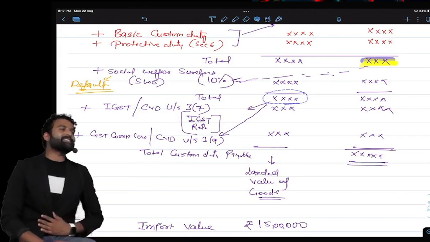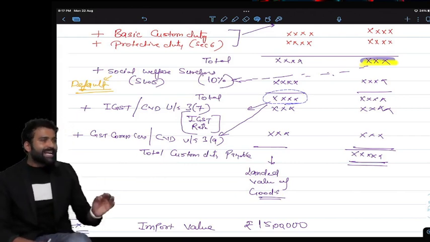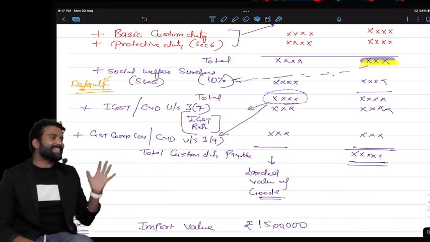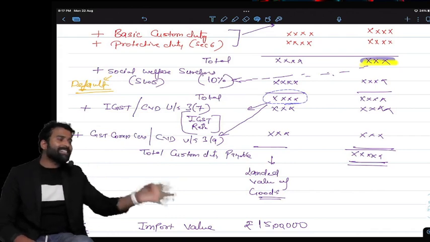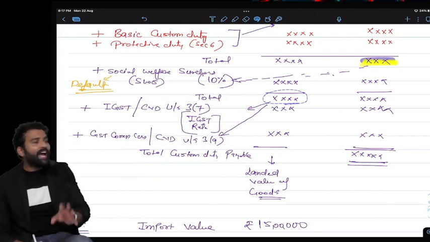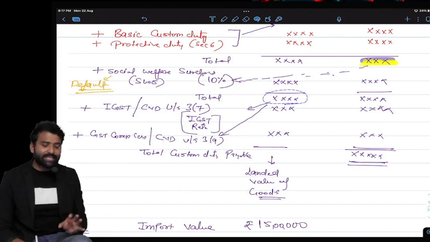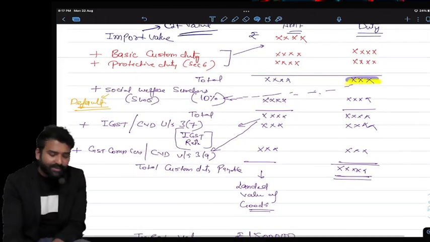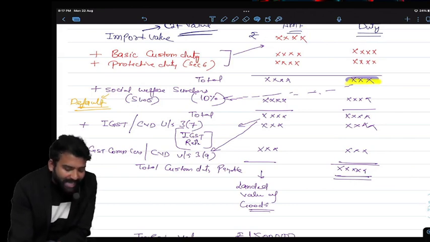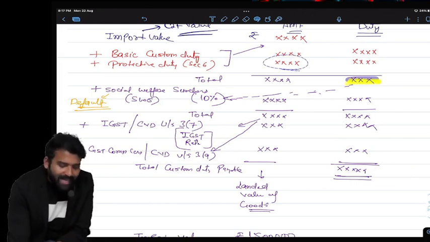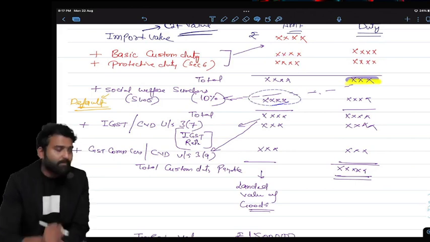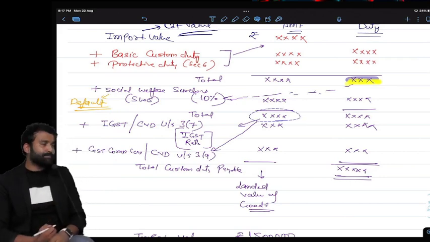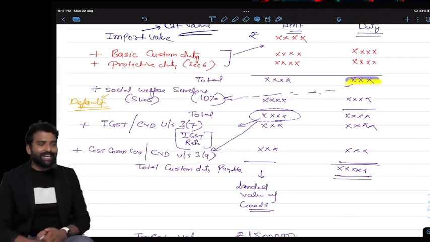Section 3 subsection 7 of the Customs Tariff Act says that countervailing duty will be levied on import equal to the IGST leviable in India. So whatever is the rate of IGST in India, I will be imposing CVD under section 3.7 at the IGST rate on what value, again repeating, CIF plus basic customs duty plus protective duty plus SWS. On the total of all these amounts, I will be adding CVD 3 subsection 7, that is the IGST rate.